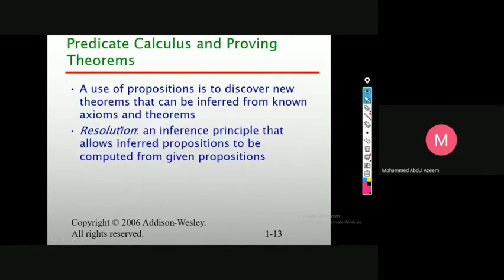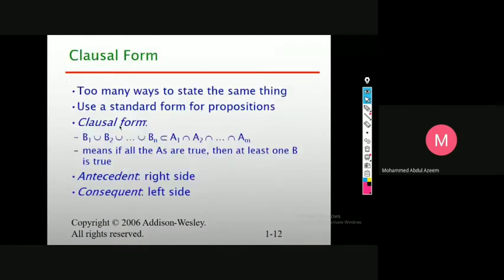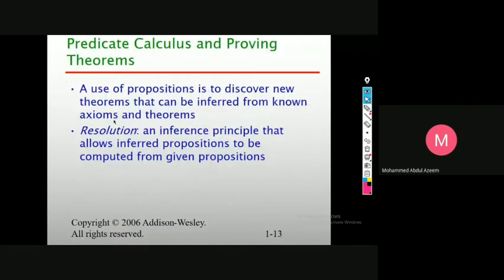Predicate calculus. A use of proposition is to discover new theorems that can be inferred from known axioms and theorems. As I said, there will be three types of facts that you are going to describe with the help of symbolic logic.